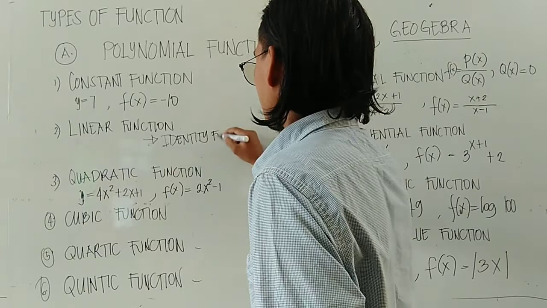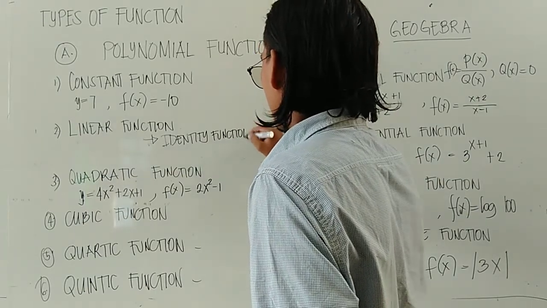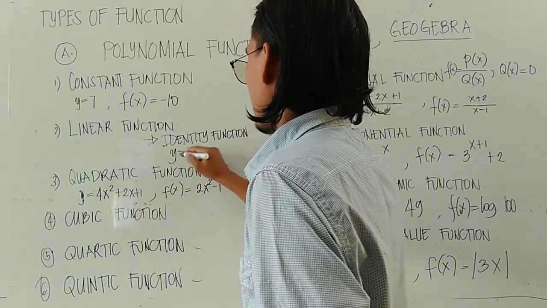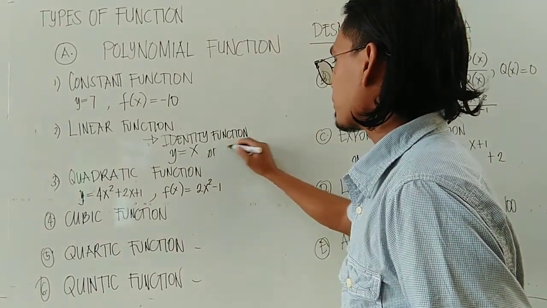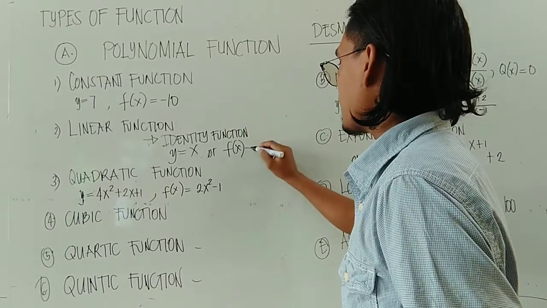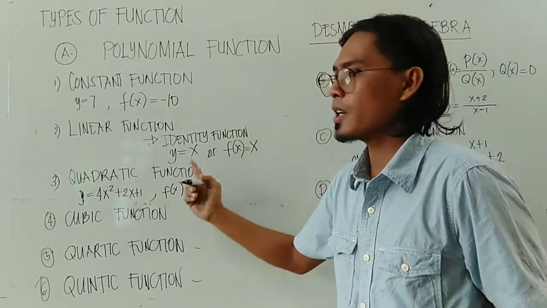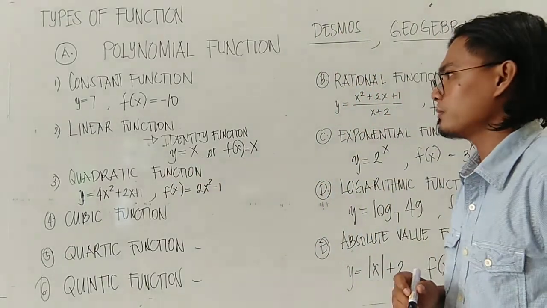Identity function. So identity function is always in the form of y is equal to x or f of x equals to x. Ang mugin siya guys ang form sa identity function.